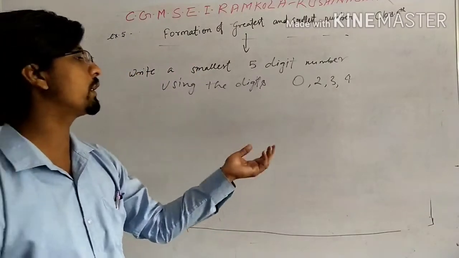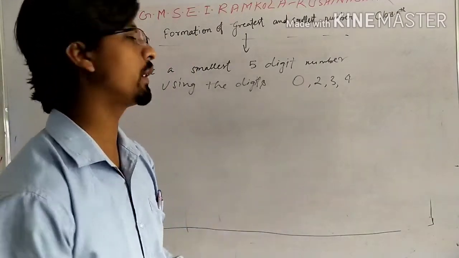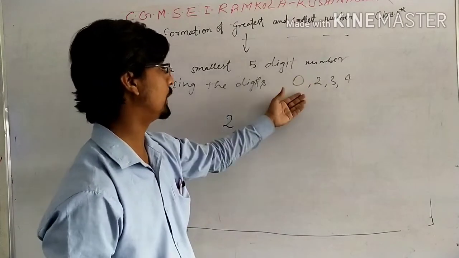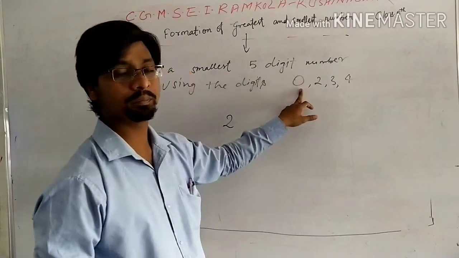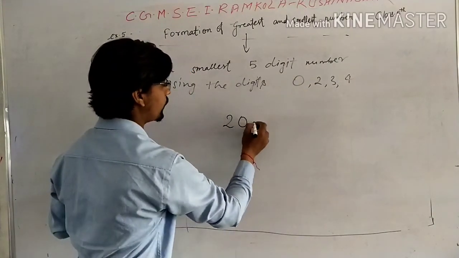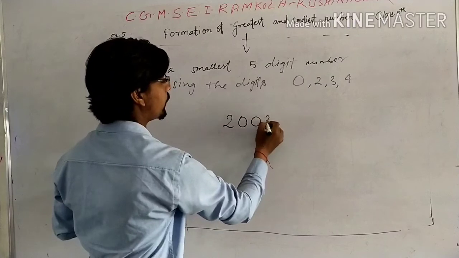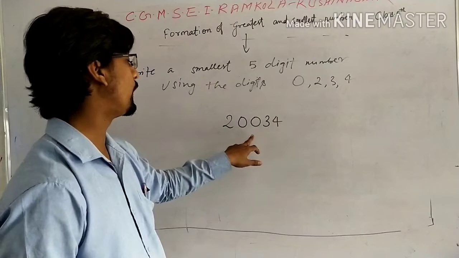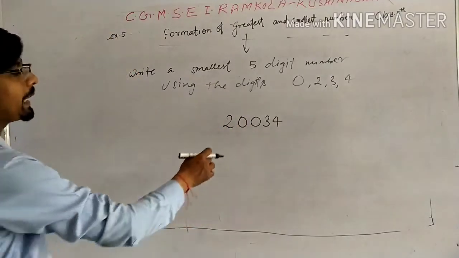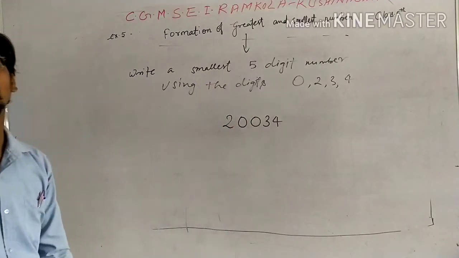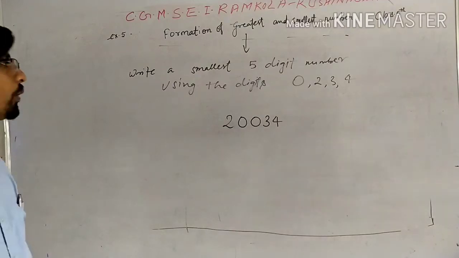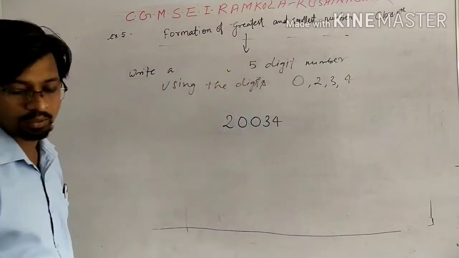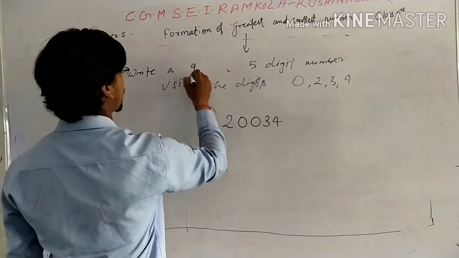If the digits are fewer and you have to make a longer number, you can repeat the smallest digit. But we can't start from 0, so we start right from 2, and after 2, 0, 0, 3, 4. Now you can see here is a 5-digit number and we read it as 20,034.